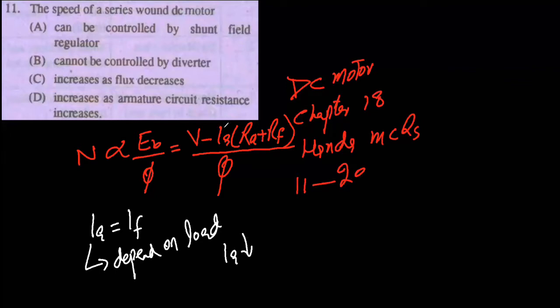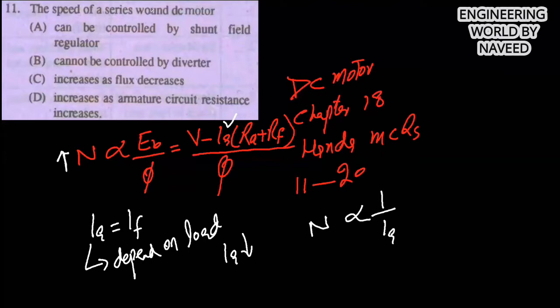So if your IA is less, then it means your N will be high. So you can say that my N has an inverse relation with armature current. So here one MCQ is: the speed of the series wound DC motor increases as the flux decreases. So yes, that is the correct option.